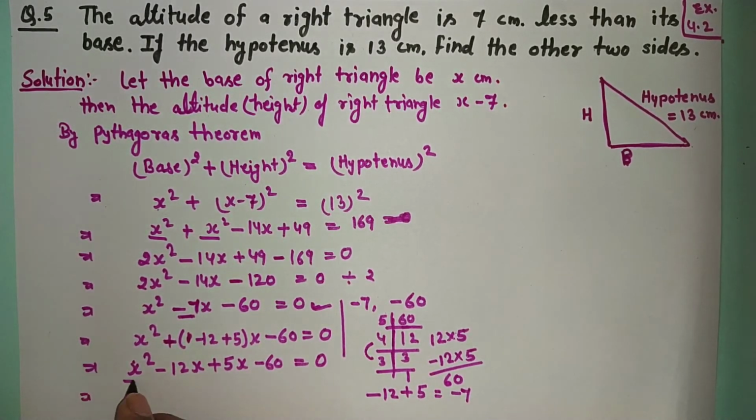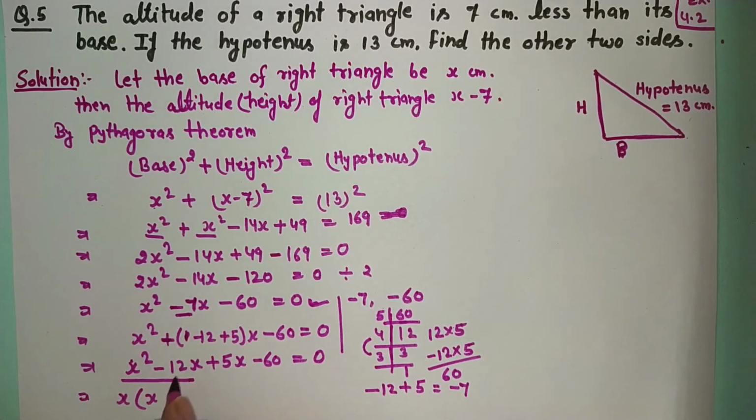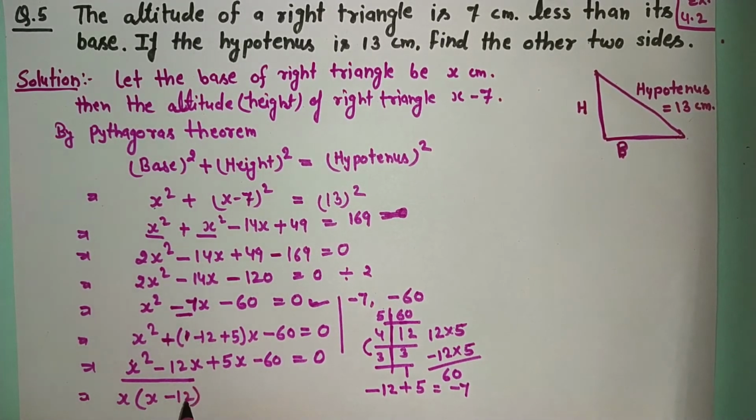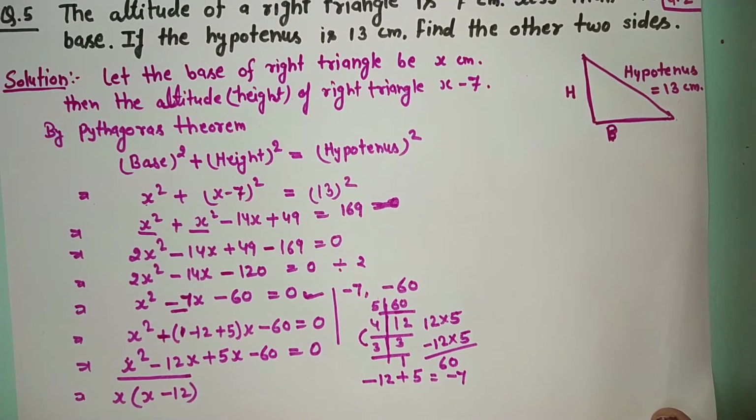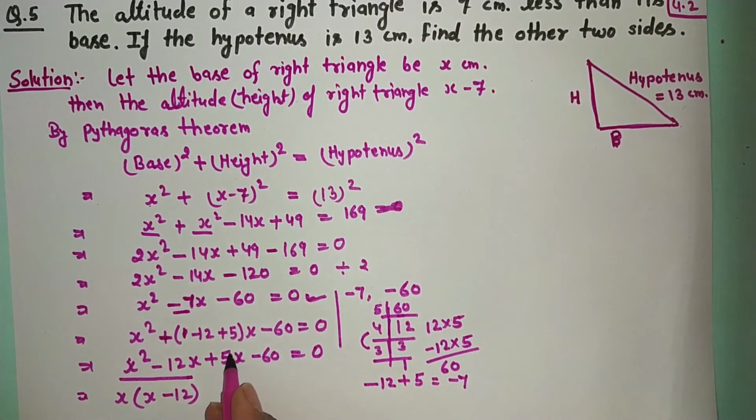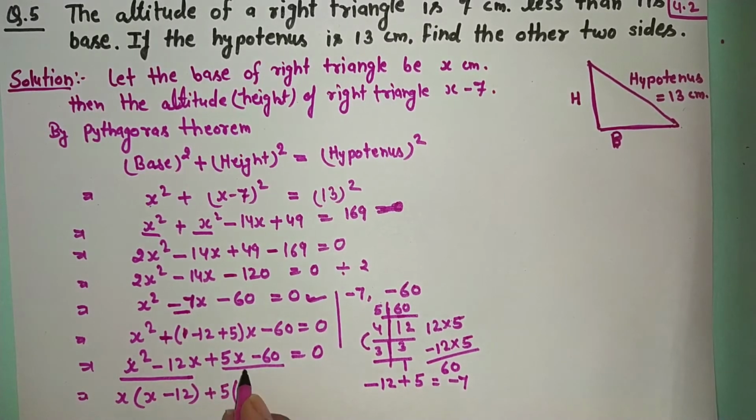Now by taking x as common in these two terms, the remaining is x minus 12. By taking 5 as common in these two terms, the remaining is x minus 12, because 5 twelves are 60.